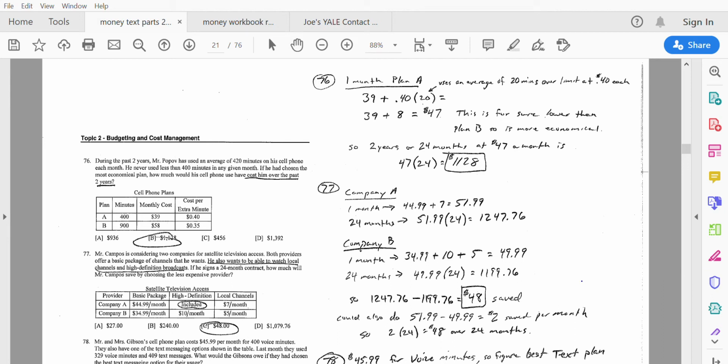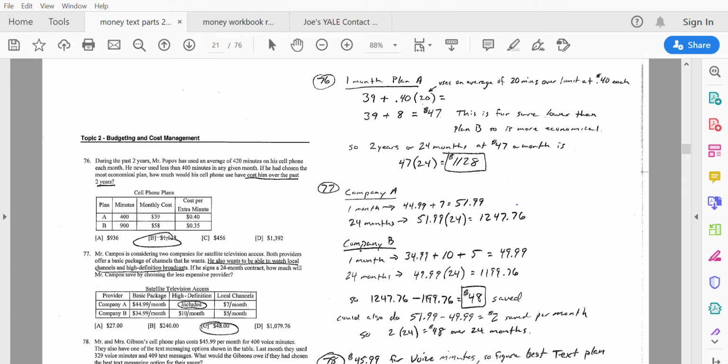Okay, so now let's look at how much it would cost 2 years for Plan B. Plan B, let's look at 1 month. It starts with the monthly cost of $34.99. Then to get high definition, it's $10, and for locals, it's $5. So we get the $34.99 plus the 10 plus the 5.